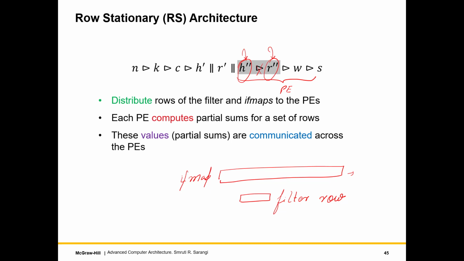We could have also had two separate shaded boxes, but that would not have looked as good. Grouping them in a shaded box says that simultaneously we are caching a row of the IF map and a row of the filter. So both of these quantities, H'' and R'', regardless of the operator between them, are there in the cache.